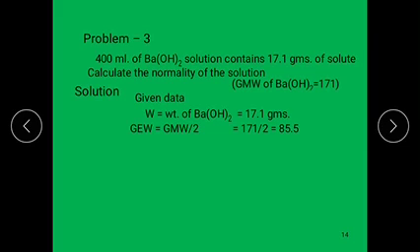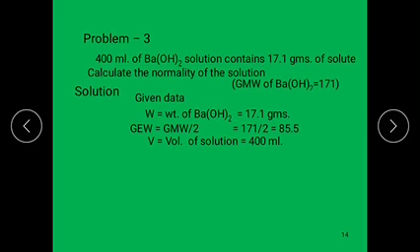The gram equivalent weight of barium hydroxide is its gram molecular weight divided by its acidity, that is 2, because it gives 2 hydroxyl ions on ionization. Then it is 171 by 2, equal to 85.5, the gram equivalent weight of barium hydroxide.